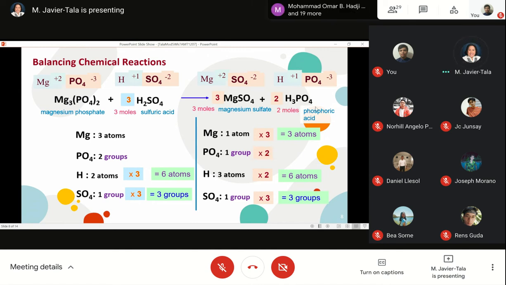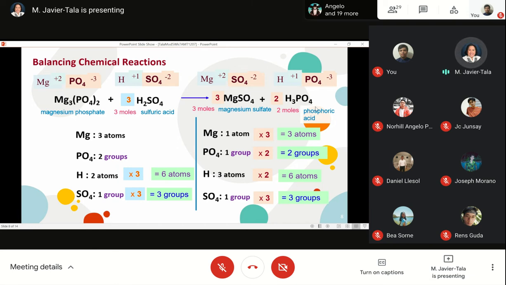So it will become 2 groups of phosphate. Please check the reaction. Both sides have 3 atoms of magnesium each. Then, reactant and product sides both have 2 groups of phosphate, 6 atoms of hydrogen on both sides, and 3 groups of sulfate.